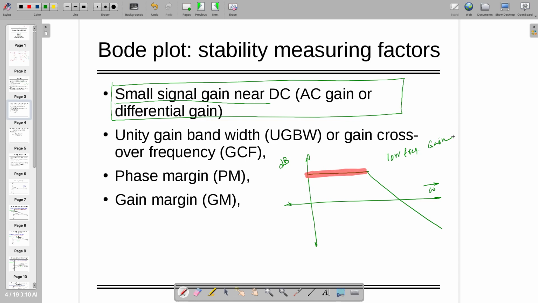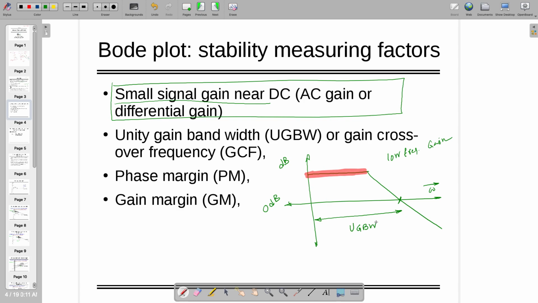Okay, the next thing is unity gain bandwidth. So the name unity gain suggests that the gain is unity when the axis is 0 dB, right? 0 dB is nothing but when Vo equals Vin. So it's 0 dB, meaning your gain is unity. That particular point we are going to call UGBW.